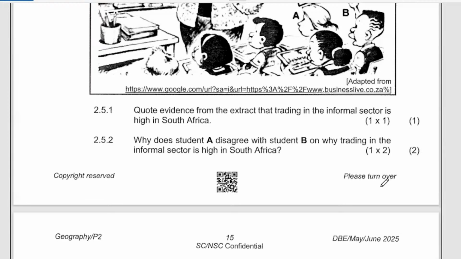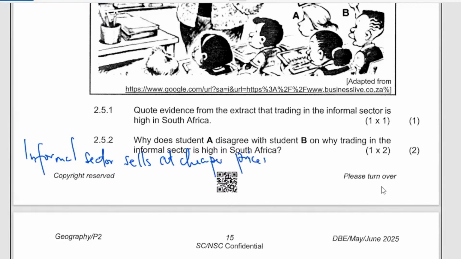But however, we can argue that the informal sector sells at cheaper prices than the formal.